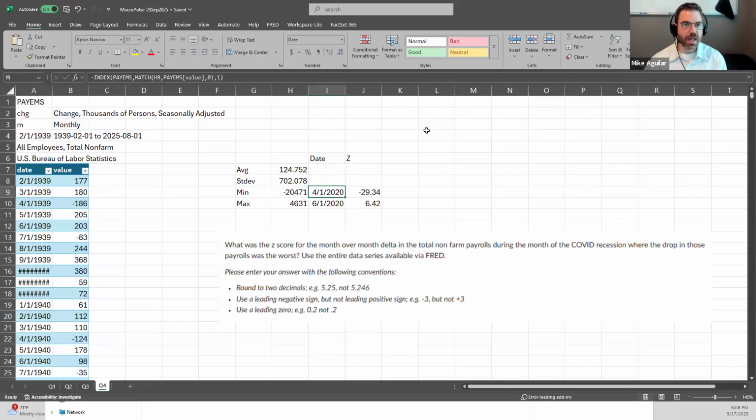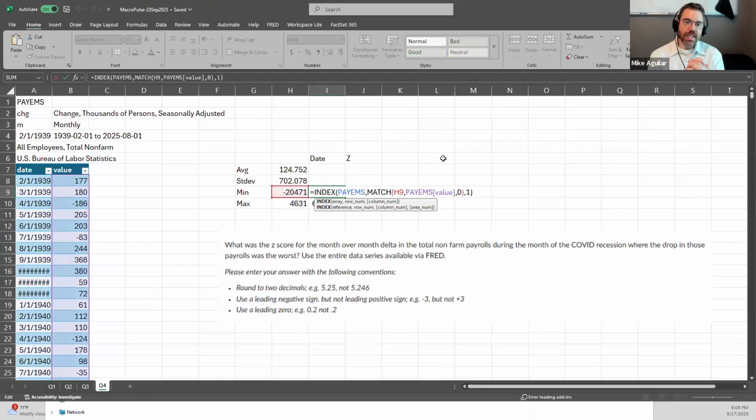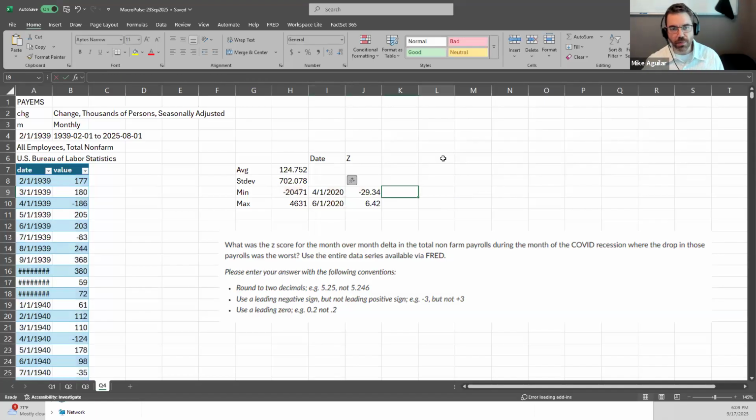Just to make sure that we understand what that is and it matches everything that we were talking about, I want to find the date of that. So for that, we'll use INDEX and MATCH. We've played with this before. I want to find the row associated with that really bad number, and then based upon that row, I want to call back the column value from the table associated with that row. We can break it up into parts, all right?